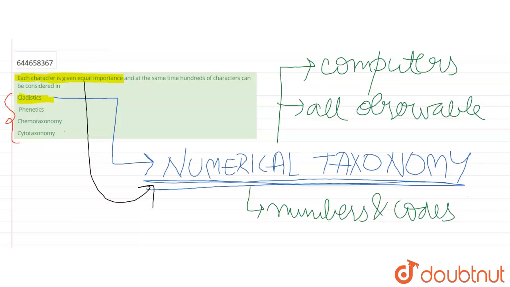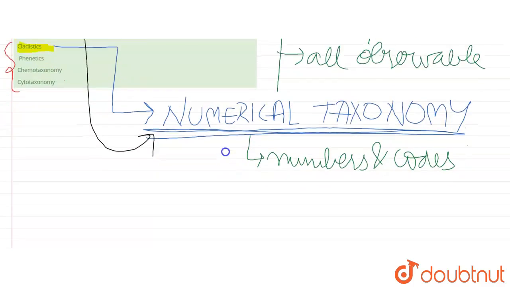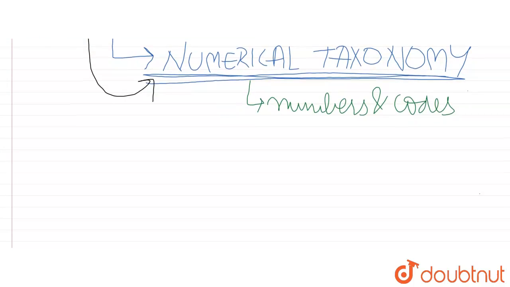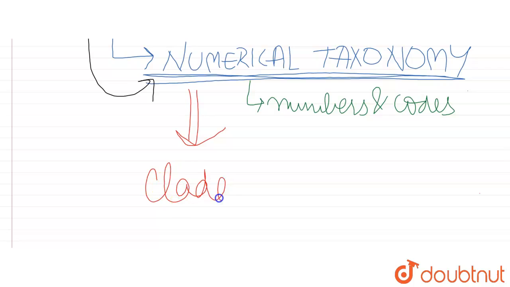And the term cladistics, which is used to refer to numerical taxonomy, comes on the basis that on the matching of these characters, the organisms are grouped into different clades, and then their evolutionary relationship is defined.